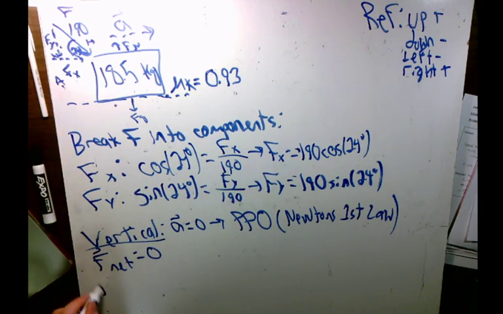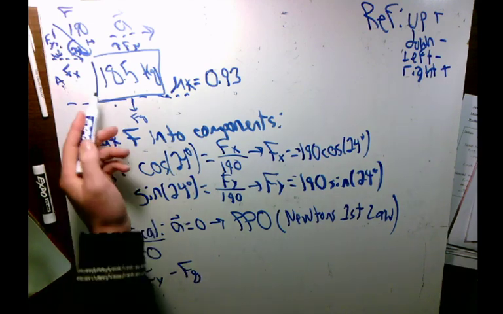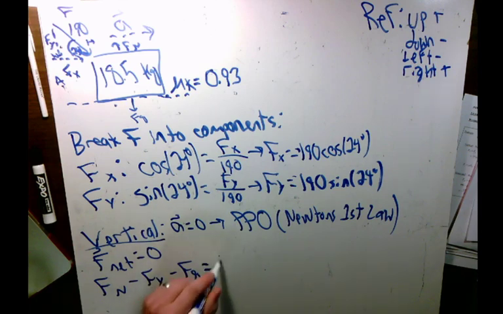So our only force acting up is Fn, and acting down we have our Fy and our Fg, force of gravity. This 18.5 kilogram block, assuming it's on Earth, will experience force of gravity of its mass times gravity. So I'm going to rearrange this formula by adding Fy and Fg to the other side.